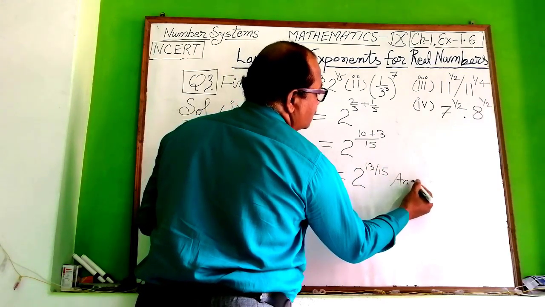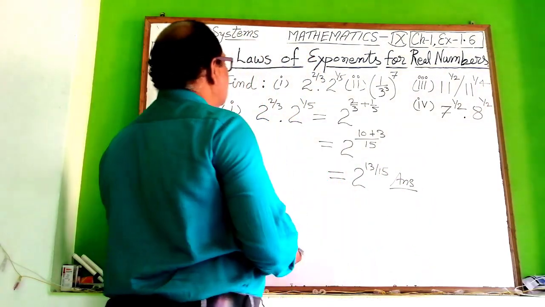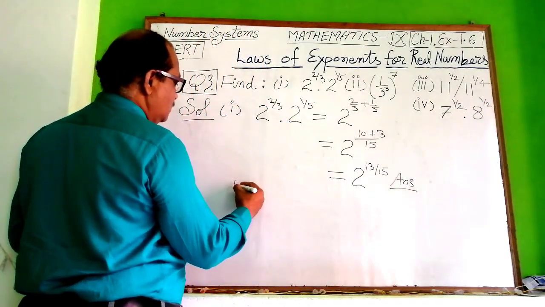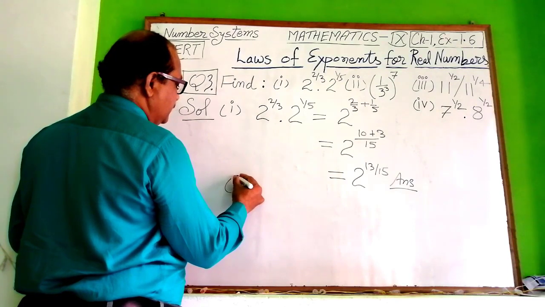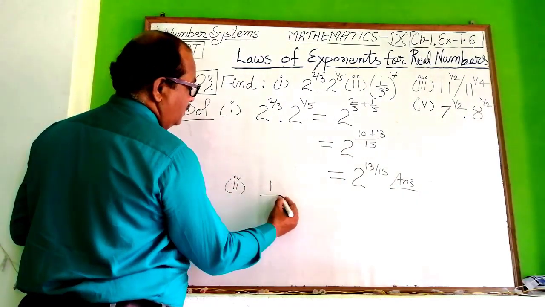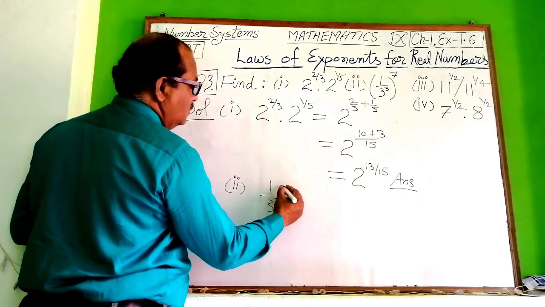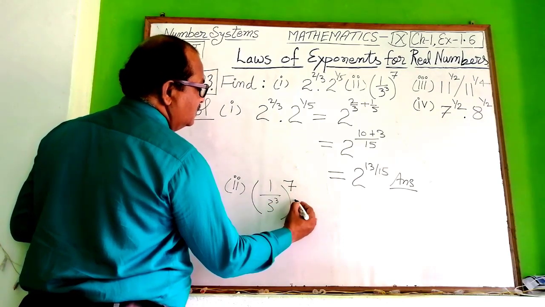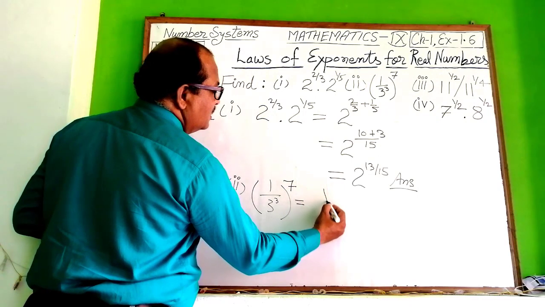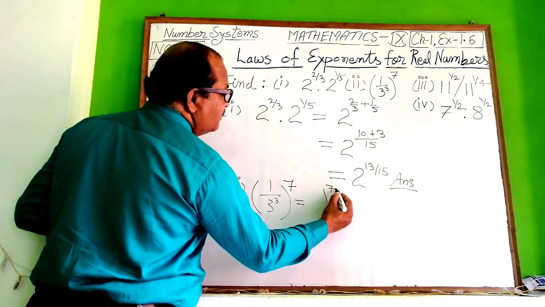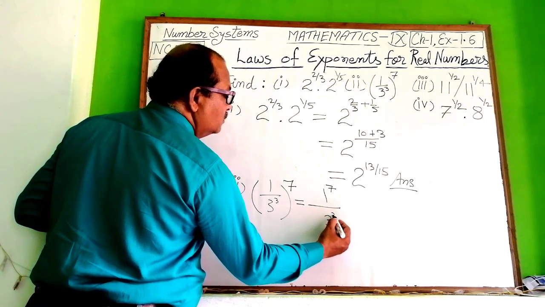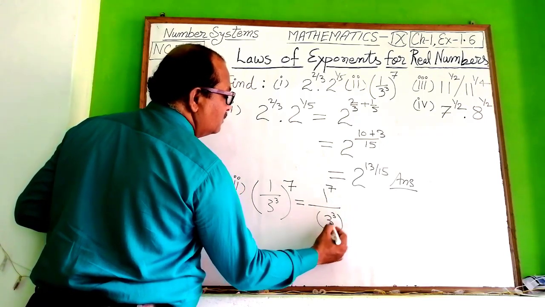It is your answer. So it is the first part. Now see the solution of the second part. 1 upon 3 cube whole to the power 7. This can be expressed as 1 raised to the power 7 upon 3 cube whole to the power 7.